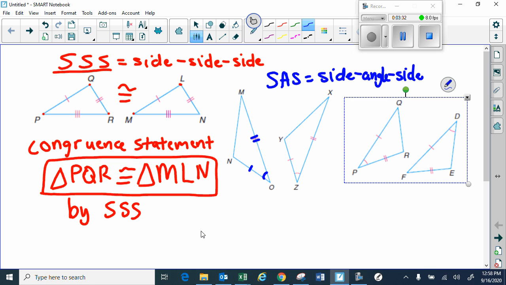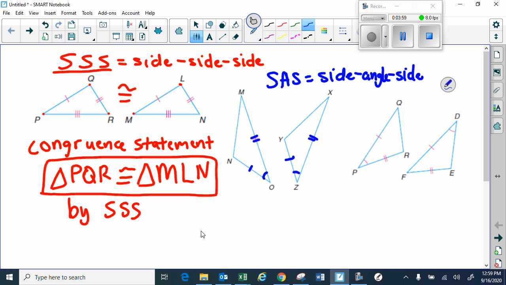Okay, so it can't be outside over here. That's not between the two sides. So in other words, just think of it that the two sides that have hash marks on them, where they come together, where they intersect, which is right here at O, that has to be the angle right there for the SAS to work. And there you see SAS right there as well.